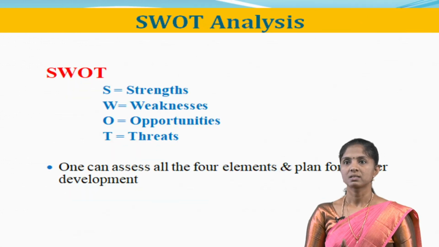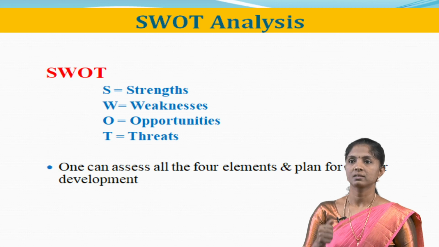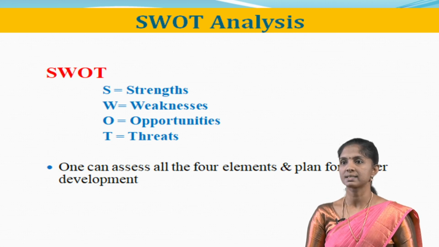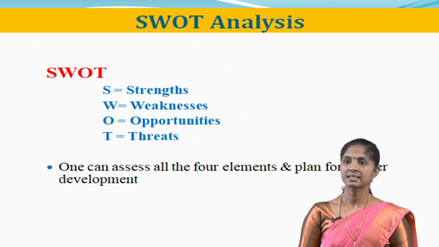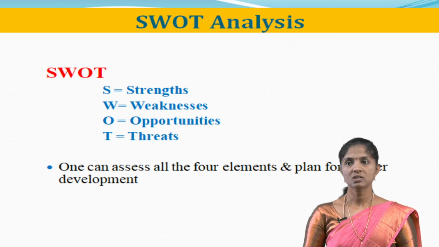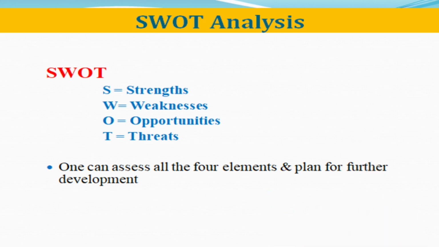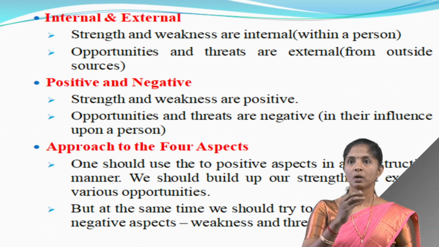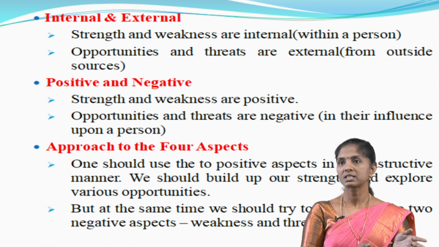SWOT analysis. What is SWOT? S for strength, W for weakness, O for opportunities, T for threats. One can assess all these four elements to plan for your further development. So what are the internal and external aspects of these four basic concepts?